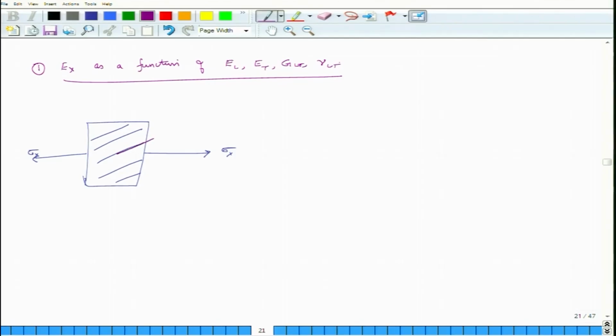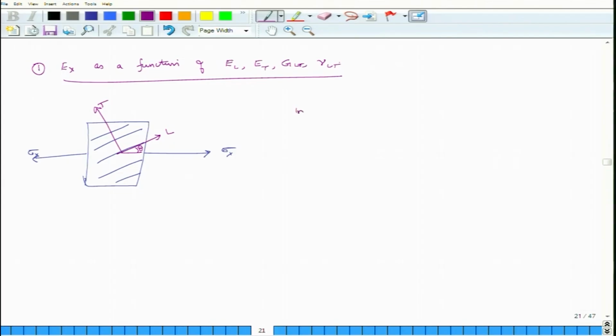So this is my L direction, this is my T direction, and this is the value of theta. Okay. So when I apply this stress sigma x, I can transform this sigma x in context of LT Cartesian frame, right.